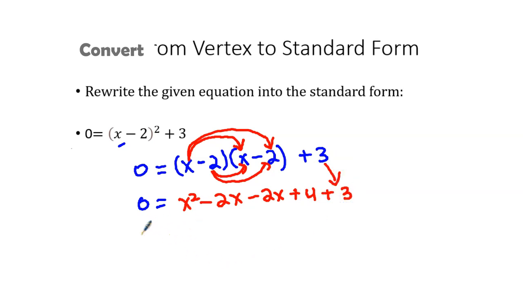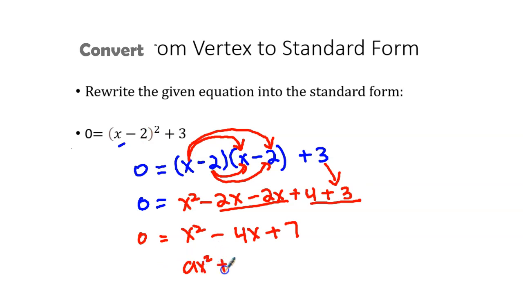Now you combine like terms in the middle, and you combine this like term. And tada, you are able to change this form to the form of ax squared plus bx plus c equals 0. Okay? And that was what we wanted. So you are able to convert the vertex form to the standard form.